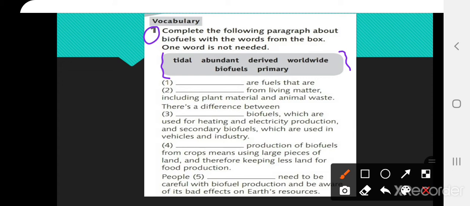Okay, so we have to first know the meanings or recall the meanings of all of them. Okay, and then fill in the blanks with the correct words.